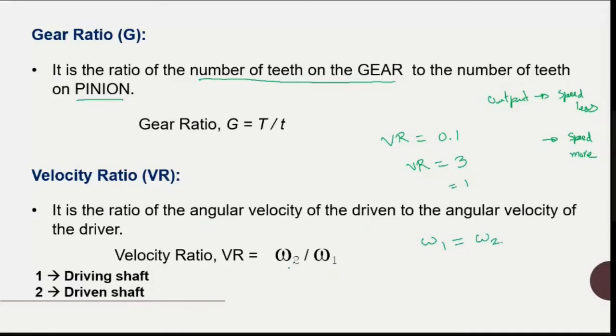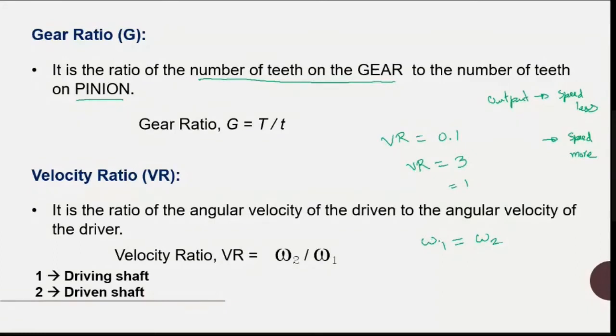When I cross multiply, you will get omega 1 equal to omega 2. How do we convert this omega? Omega is angular velocity, and angular velocity is 2 pi N by 60. Yes or no?